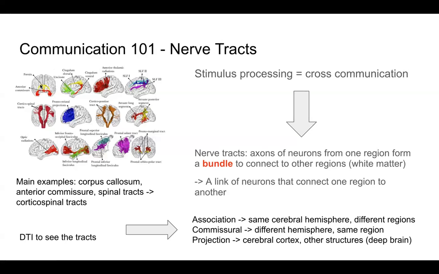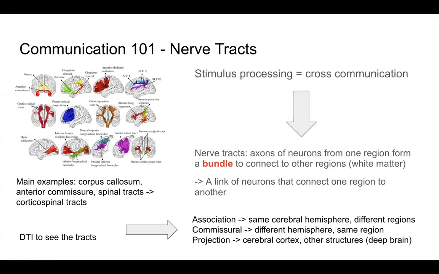The motor cortex sends the signal to the basal ganglia, mediated through a projection fiber, and the basal ganglia decides whether or not to let the movement happen. If it wants to let it happen, it'll signal dopamine. If not, it'll signal less dopamine. Based on that threshold, the basal ganglia sends it back to the motor cortex. If it's a yes, the movement will happen. If it's a no, the movement will not happen.